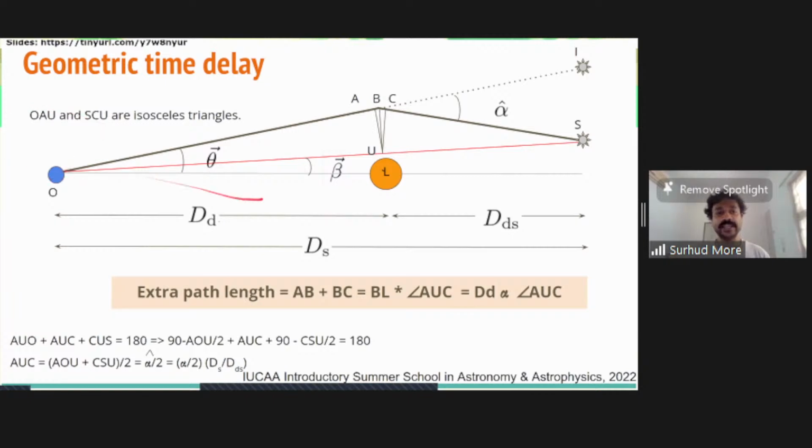So let's consider again the lens diagram that I had shown before. There is the observer here, the source is here. The unlensed path of the light ray is this red line.